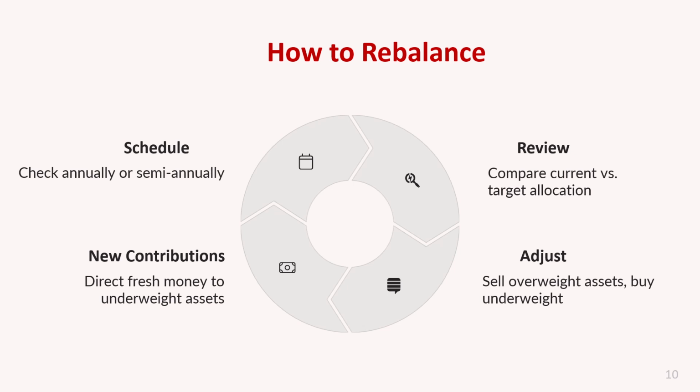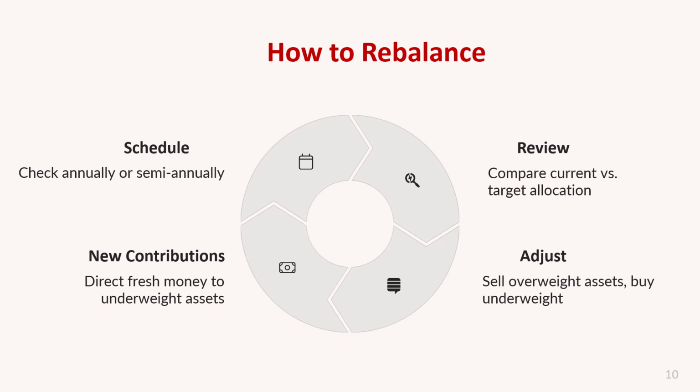One, you could sell some assets that are now overweight, meaning they have grown to be a larger percentage than your target, and then buy some assets that are underweight, meaning they have shrunk or haven't grown as much. This will directly adjust the percentages.